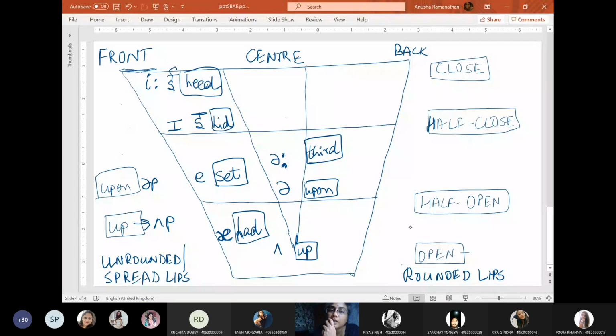The dots basically say that these are the long vowels. So the long vowels are basically, if you notice within the upon and the third, the sound is the same, but it is just the elongation that differs. Can you try saying it yourself?